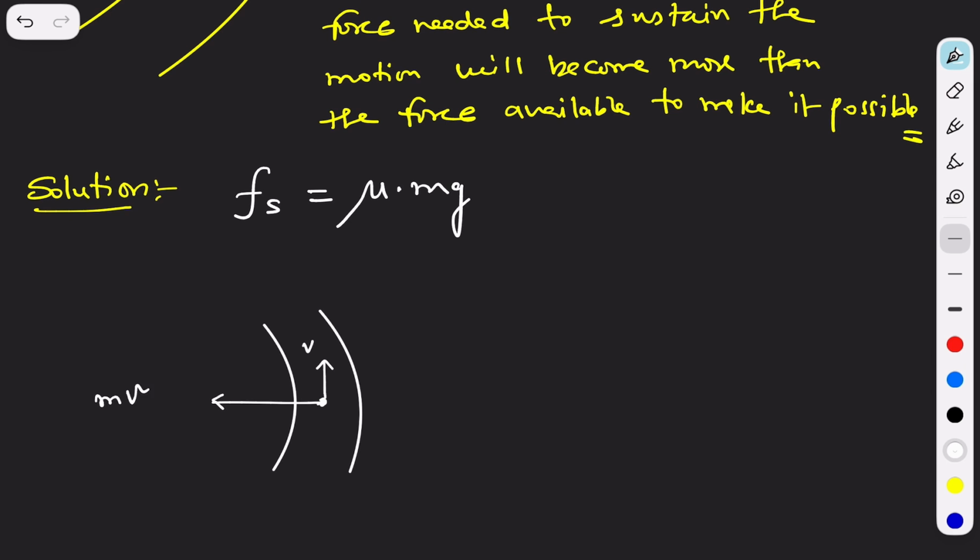And you also have a continuous acceleration in the tangential direction, a tangential, which is 1 meter per second square. So you need a force m a tangential in this direction, because the acceleration is constant. This is the net force that would be needed in this direction.